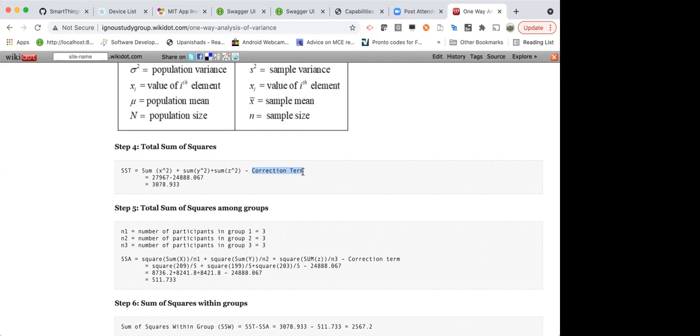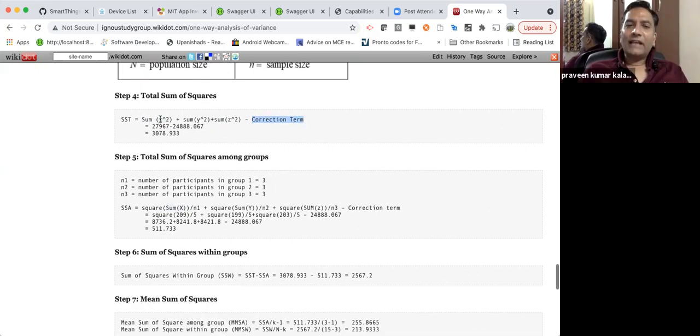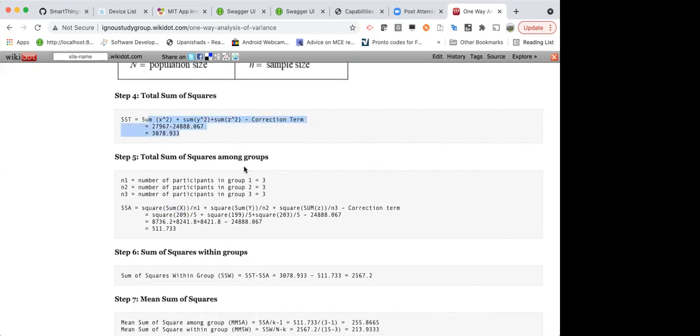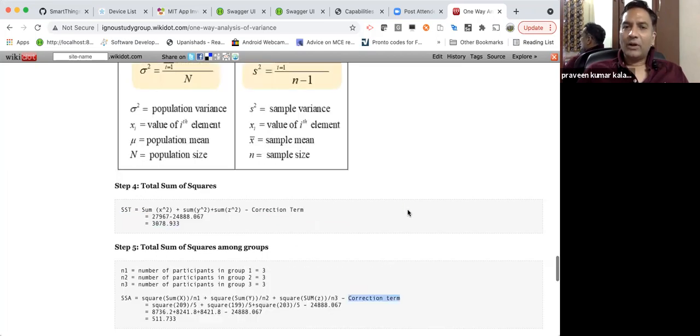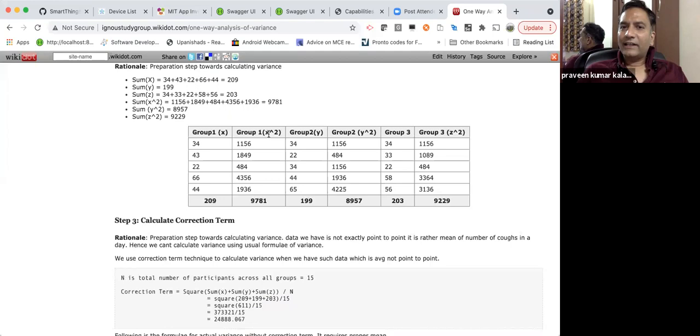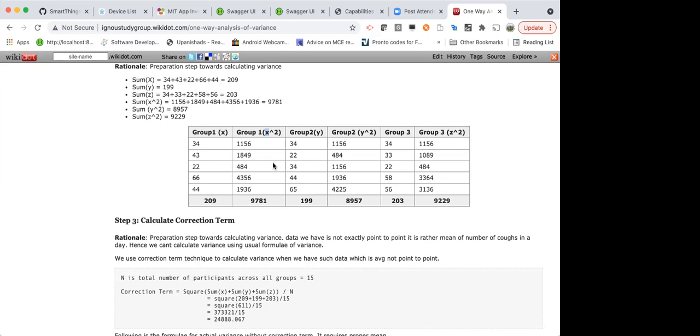That is why in both cases, the total sum of squares and among groups, you deduct the correction term in the end, because you are not deducting the mean here. X minus m squared is where you do the standard variance. Instead of that, we do it in total. Yeah, correct.